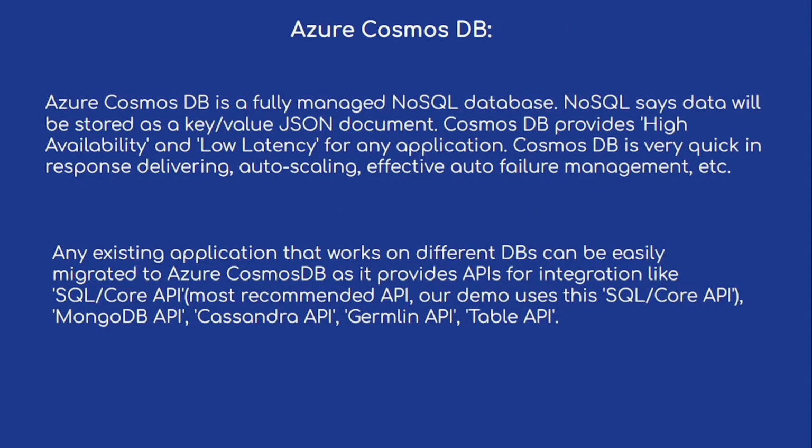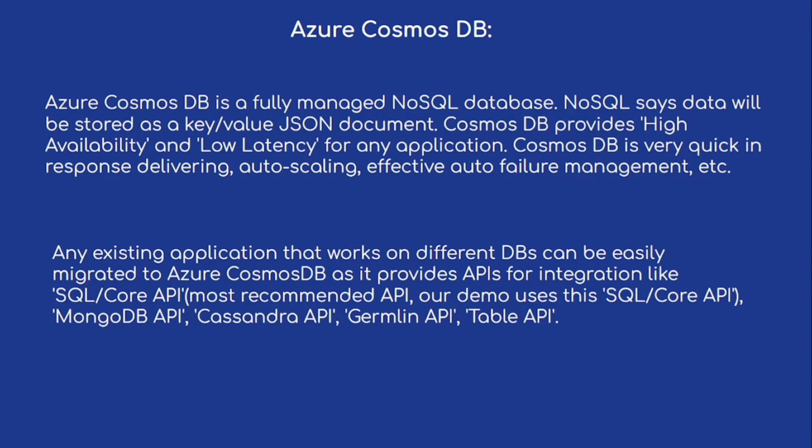So what is Azure Cosmos DB? Azure Cosmos DB is a fully managed NoSQL database. NoSQL means data will be stored as key-value JSON documents. Cosmos DB provides high availability and low latency.